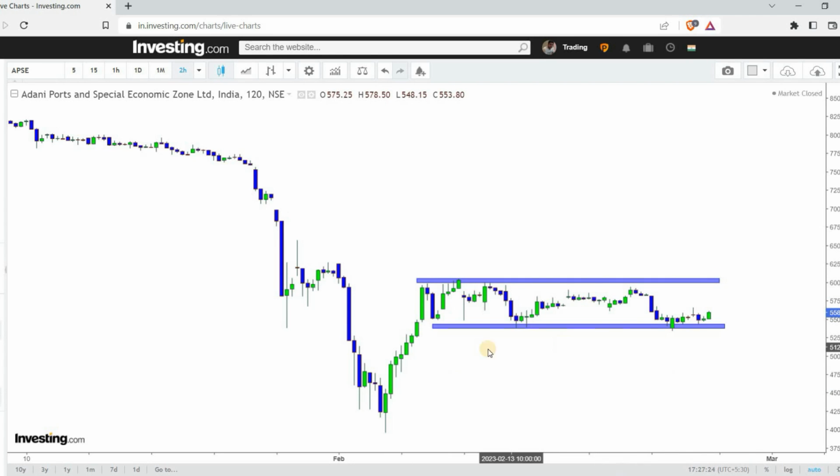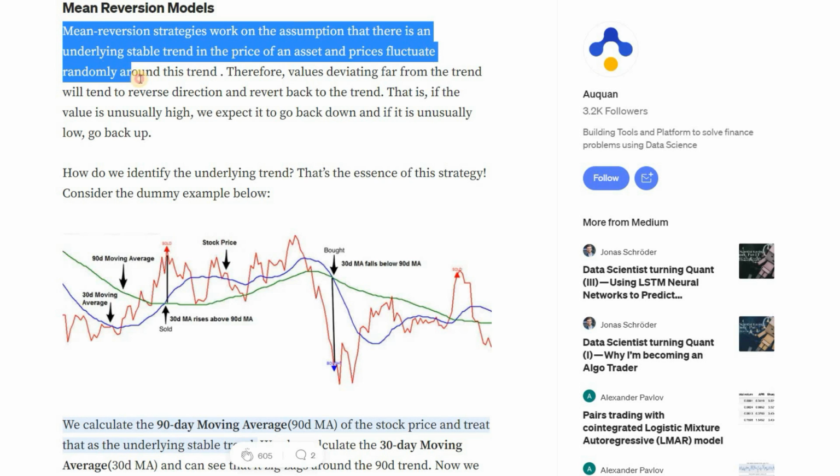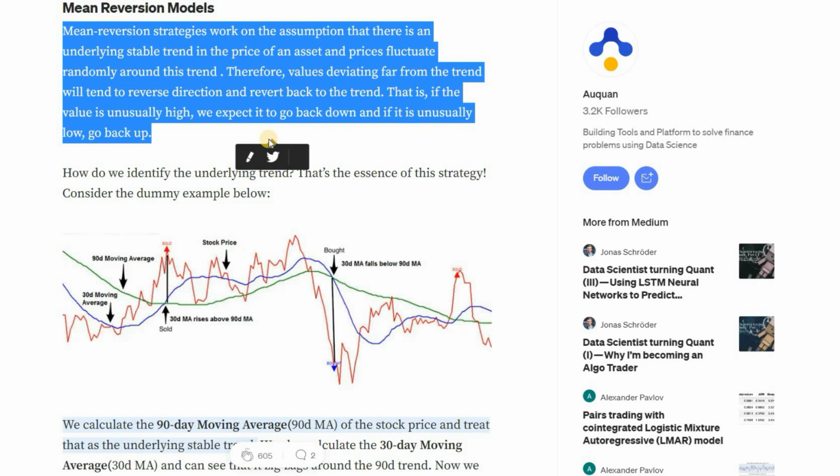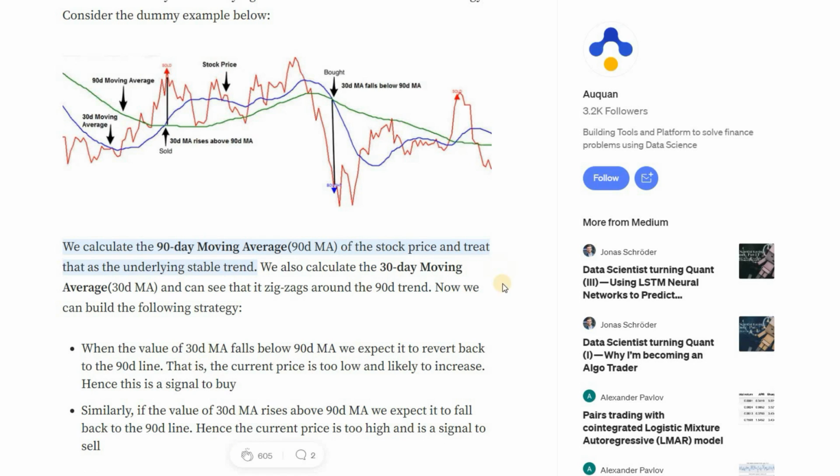The name mean reversion technically means pushing the prices back to the mean. Whenever the prices significantly deviate from the mean, these algorithms start their activity and trade against these deviations. Whenever the prices move away from the mean, these algorithms will step in and push the prices back to the mean. Hence the name mean reversion algorithm.